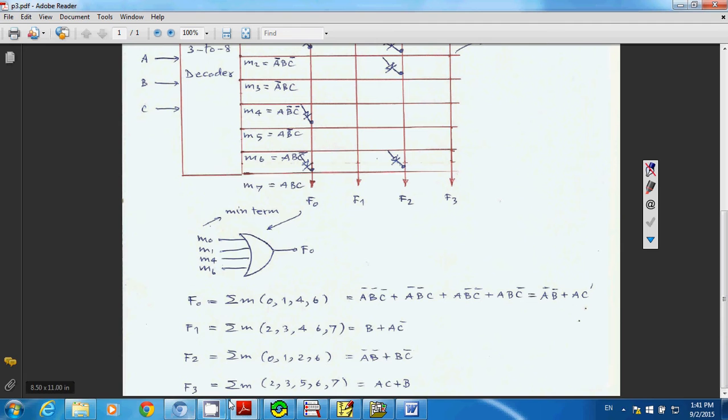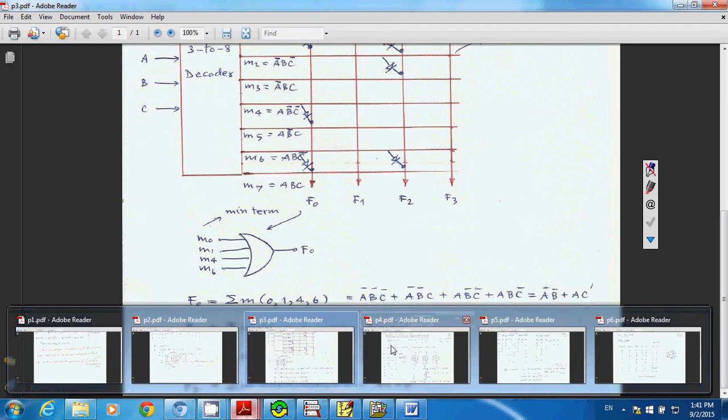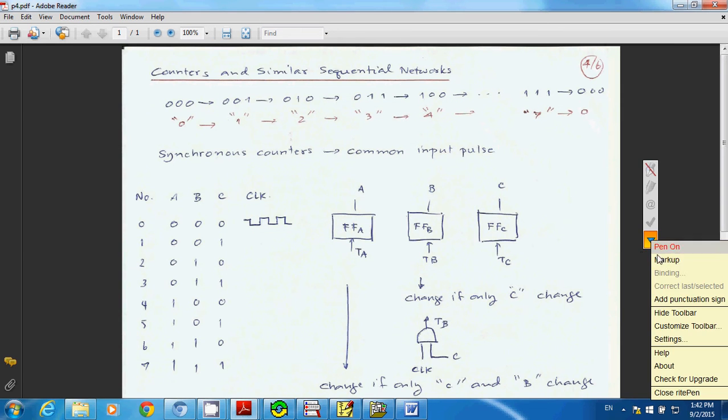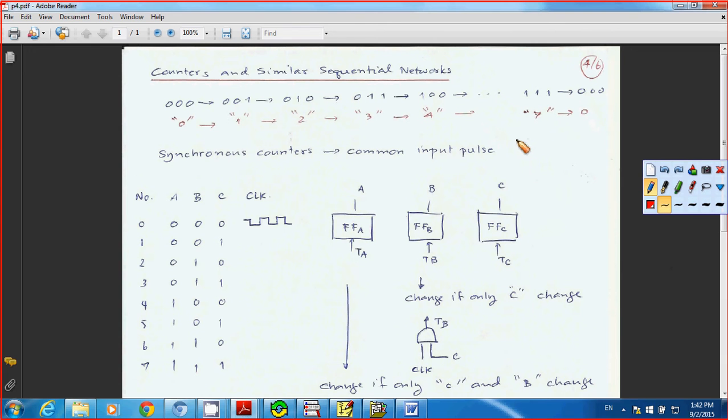Now let's move to the next page. What I'm going to do next is a more advanced problem of digital logic design. You're talking about counters and similar sequential networks. What does it mean, sequential networks? Sequential networks mean they all share the input.